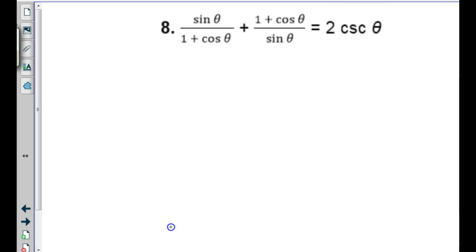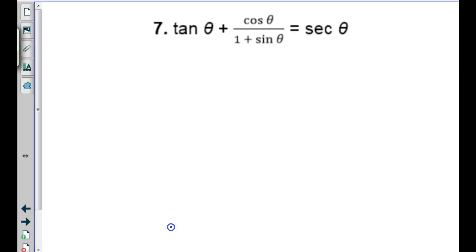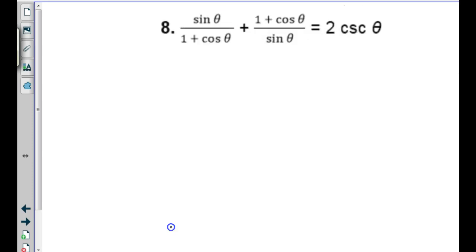All right. We should probably do either 7 or 8. You guys pick. 8? Okay. I'm thinking we want to work with the left, yes? Yeah. So we need a common denominator to go any further.